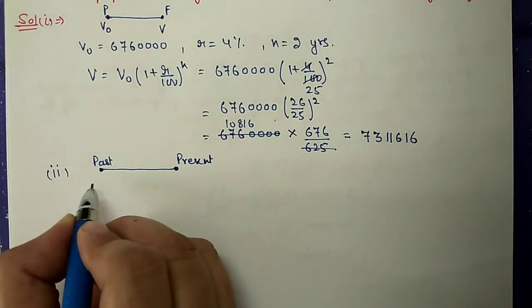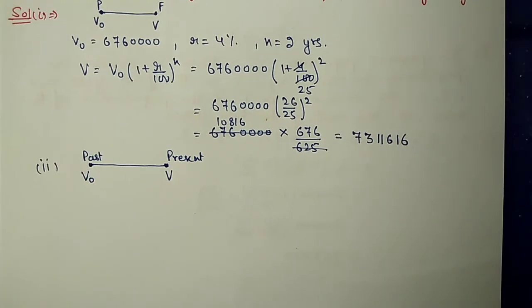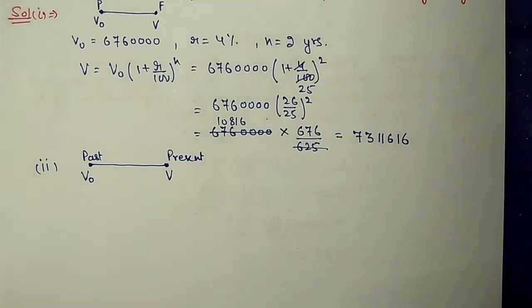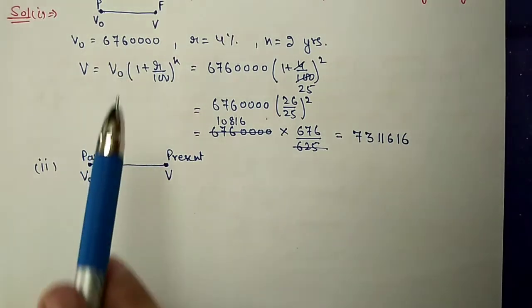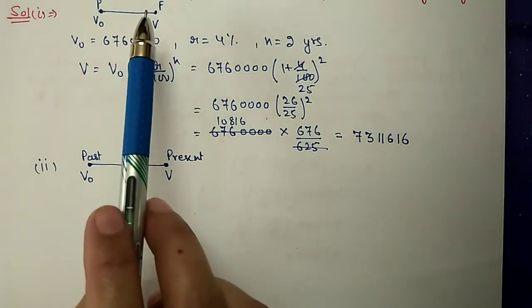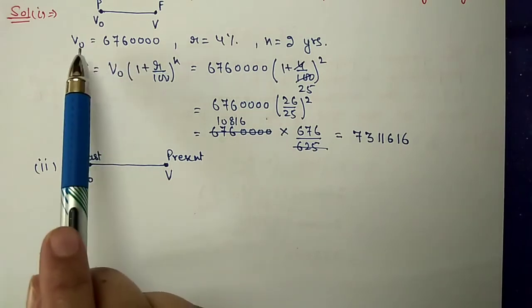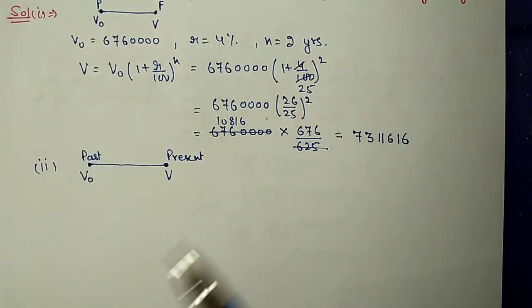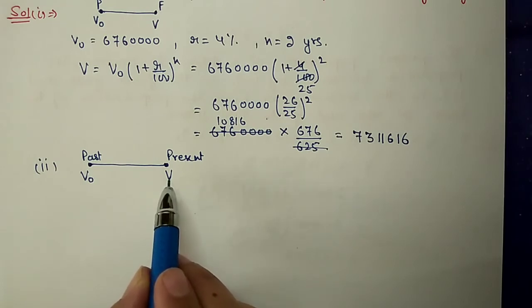So here this past we will take as the initial, and the present we will take as V. Only this much difference is there in these types of questions. So be careful whether the given value you take as V naught or as V. For the first part, when we find for the future, we took this value as the present value, but for the second one, when we find for the past, we will take it as V.